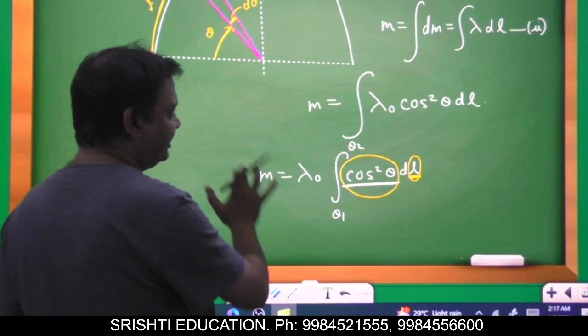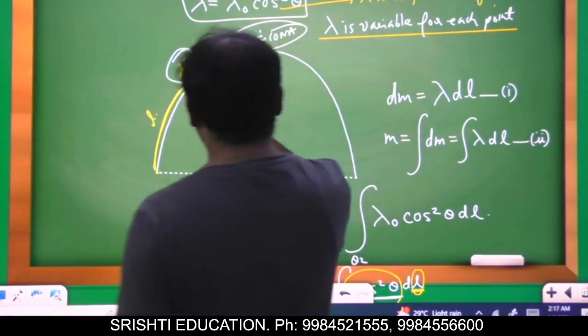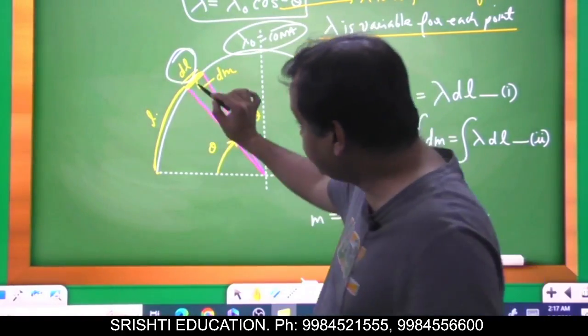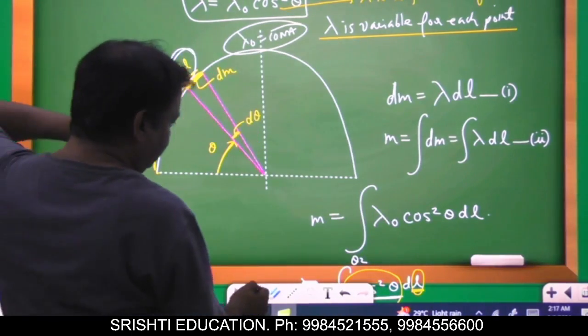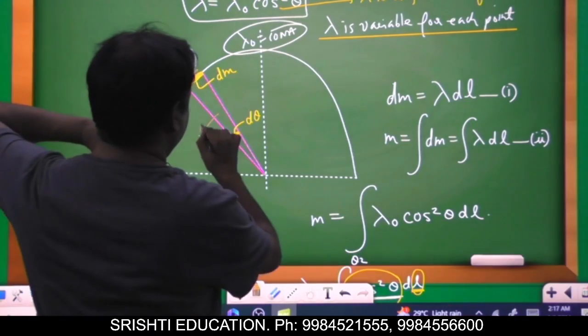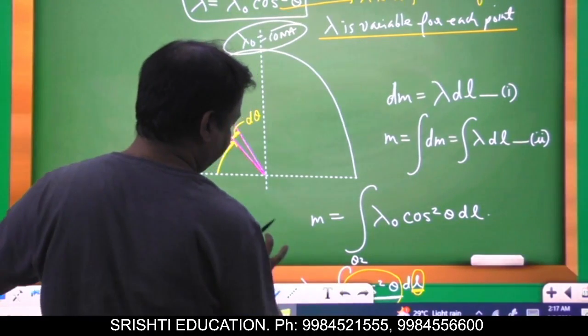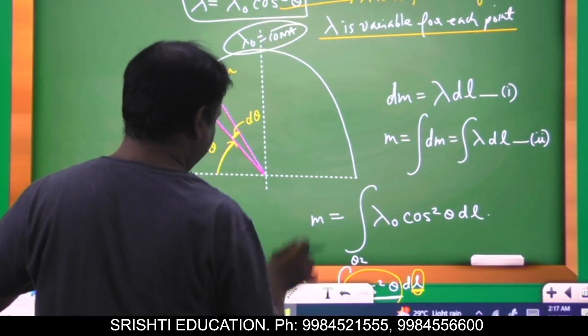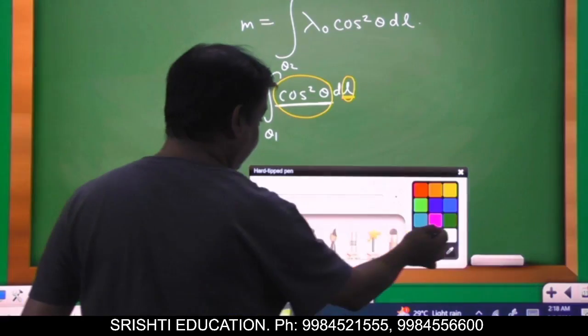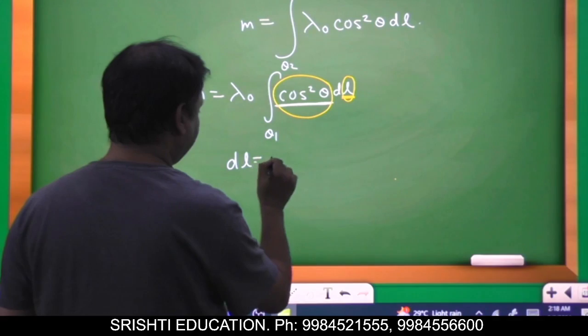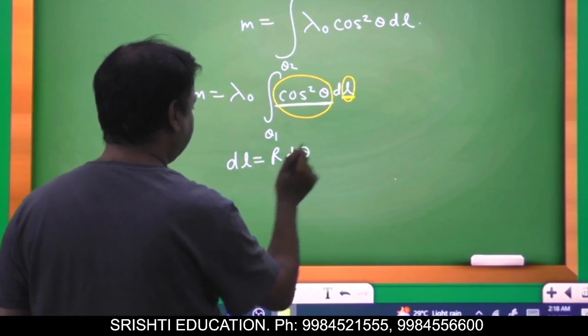So we have seen in lecture 1, whenever we have a circular arc, the arc length is equal to radius multiplied by the angular width. So since it is a circular arc, we can apply this equation: dl is equal to r d theta.